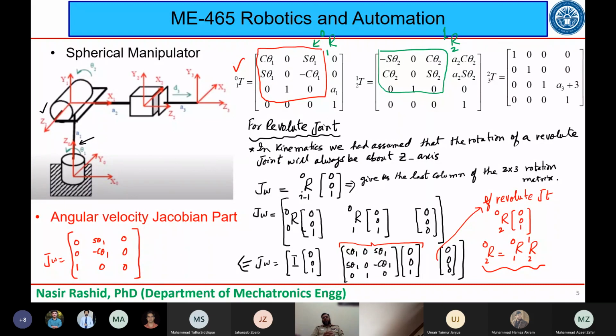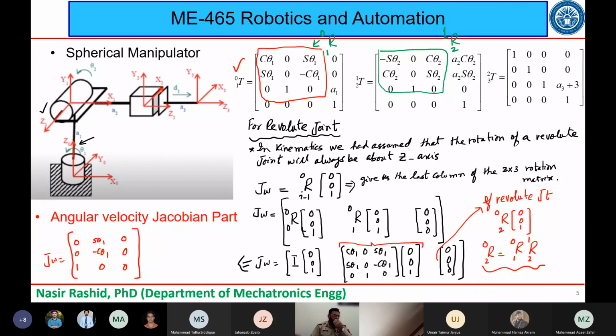So इन दोनों को मैंने आपस में मल्टीप्लाई करके and then I will be able to find out rotation of 2 with respect to 0. तो ये जब मैं उस पे पहुंचूंगा जहाँ पे मुझे तीसरा जॉइंट भी रेवोल्यूट होगा तो वहाँ पे ये कंडीशन इसके ऊपर आ जाएगी.